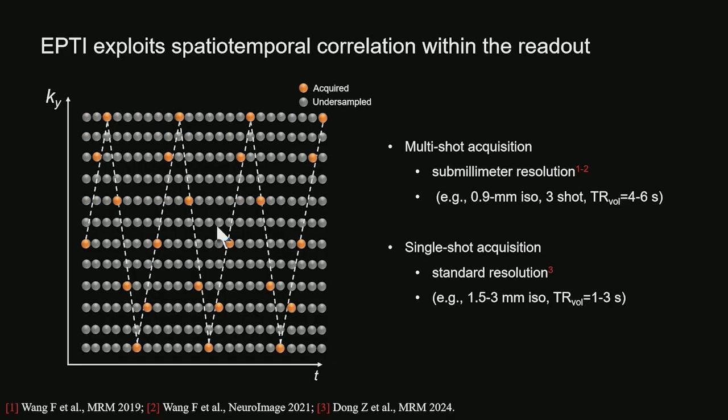Recently, we've also developed an optimized spatial temporal encoding that reduces the dead time or echo spacing and gives higher spatial temporal correlation, to enable single-shot acquisition at standard resolution with robust performance as well.